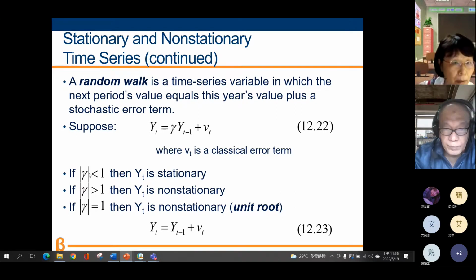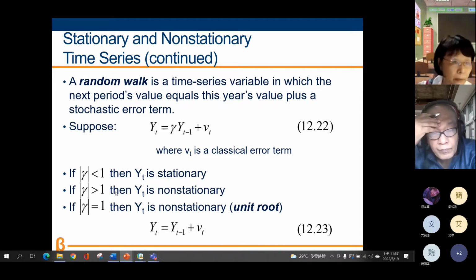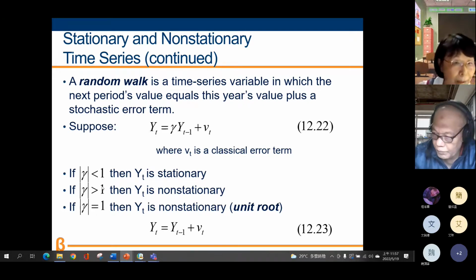Okay? If the absolute value of gamma is less than 1, it means yt is stationary, because yt will eventually approach 0. Similarly, if the absolute value of gamma is greater than 1, meaning gamma is greater than 1 or gamma is less than -1, what did you guess?